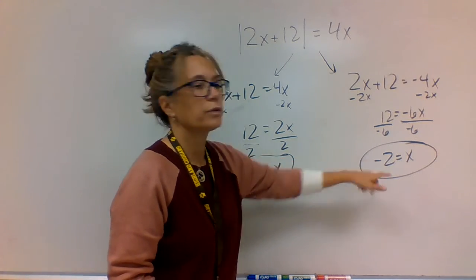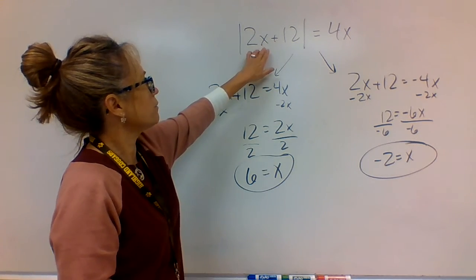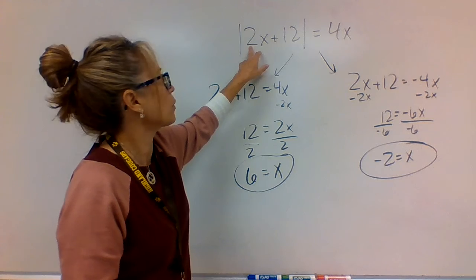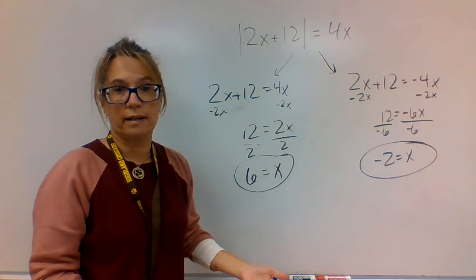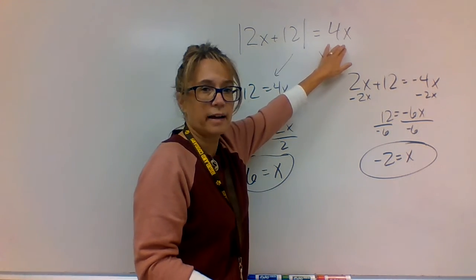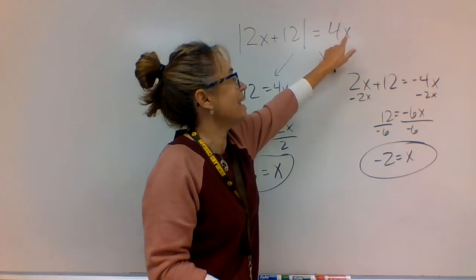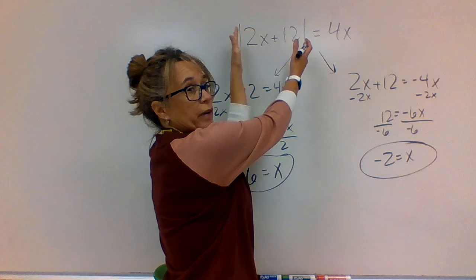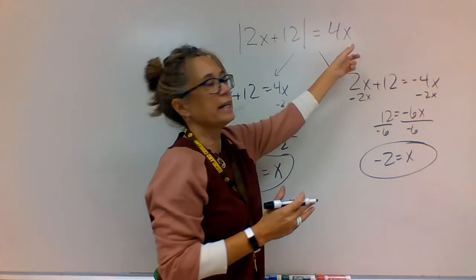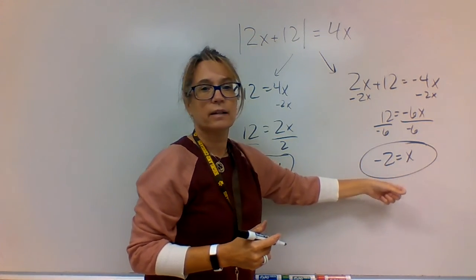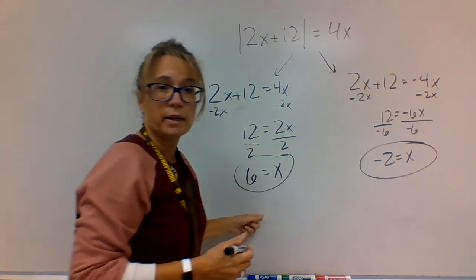But with a negative 2, look what happens. You're going to get negative 2 times 2, which is negative 4, plus 12, which is 8. But on this side, what's going to happen? If x is negative 2, you get negative 8. Well, the absolute value of anything can't be negative. So this can't work. This one can work.